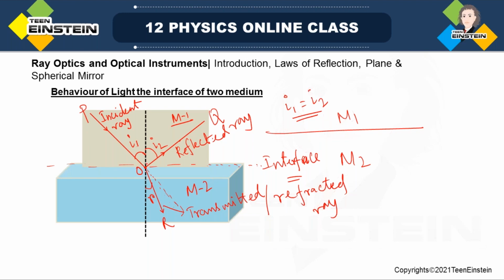Okay, and these angles are always measured with the perpendicular drop. See, this is the perpendicular, suppose NO and N prime. This is the perpendicular at the interface, and angles are always measured with respect to the perpendicular. Okay, like this. In this case also like this.